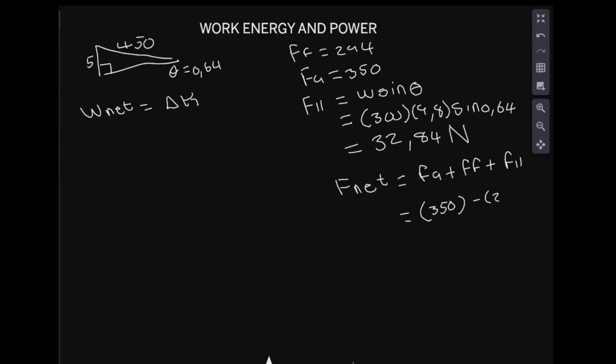Friction is working against, 294. F parallel is working against, 32. We get F net to be 23.16.